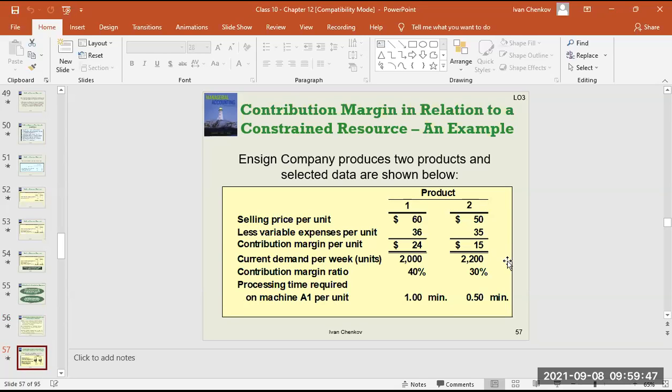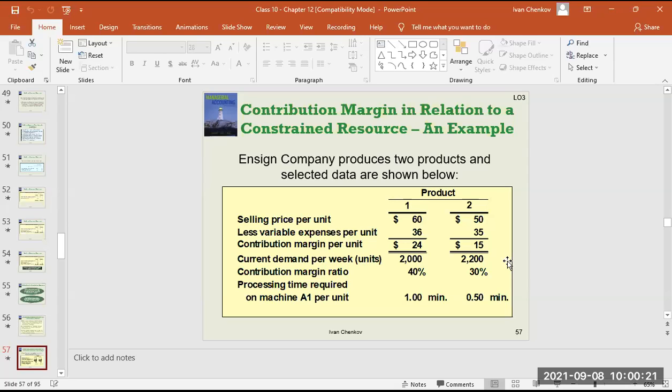We have two products, product one, product two. Selling price per unit is $60 for product one, $50 for product two. Variable expenses: product one, 36, product two, 30. Contribution margin: 24 for product one, 15 for product two. Now, currently the customer wants 2,000 from product one and 2,200 from product two.